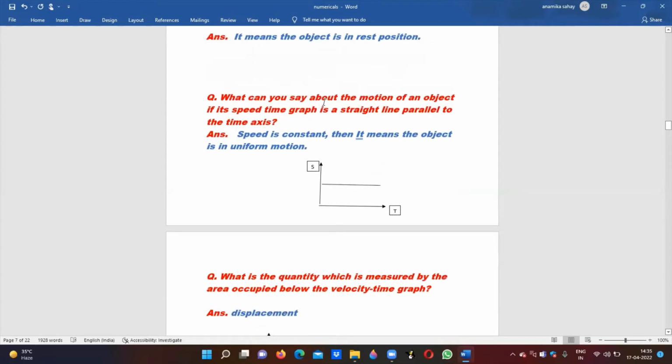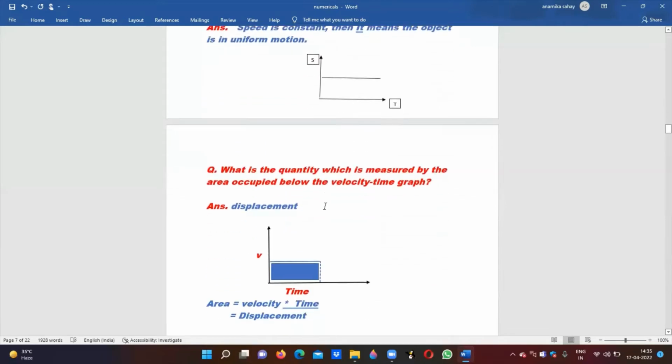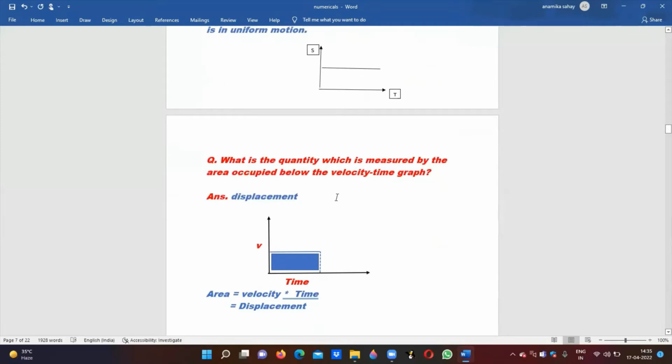Okay. What can you say about the motion of an object if its speed-time graph is a straight line parallel to the time axis? If the graph is like this, speed is constant, it means the object is in uniform motion. The same speed is continuing, right?